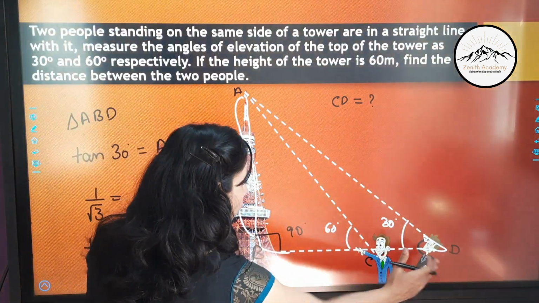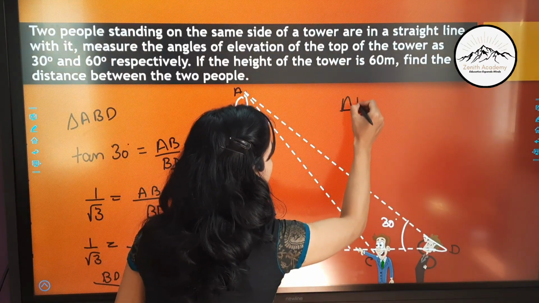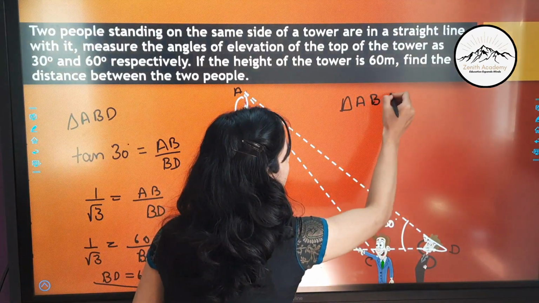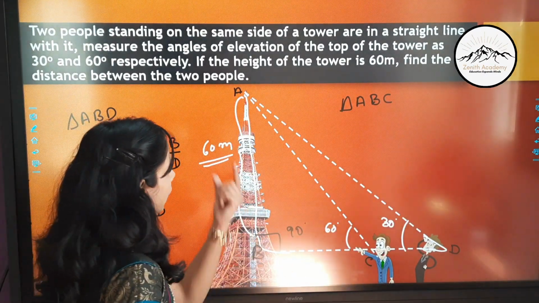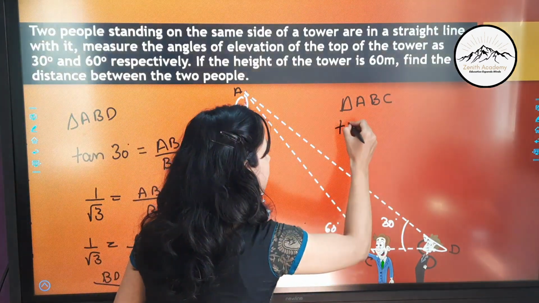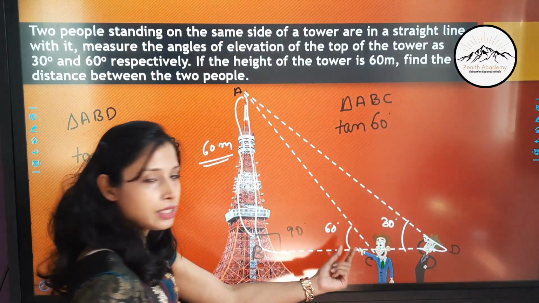Now we got this whole BD from the triangle, and next is triangle ABC. What can we derive? Again we have this perpendicular and we can find the base BC. So we'll use the tangent property only. Here the value of theta is 60 degrees.